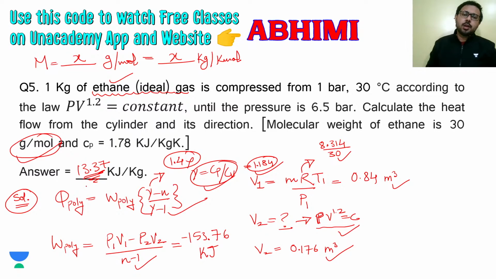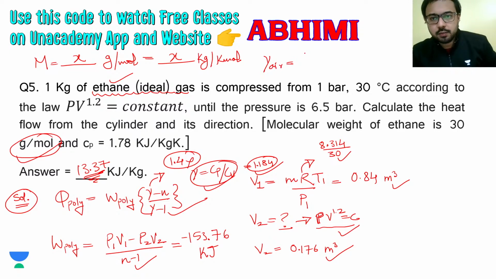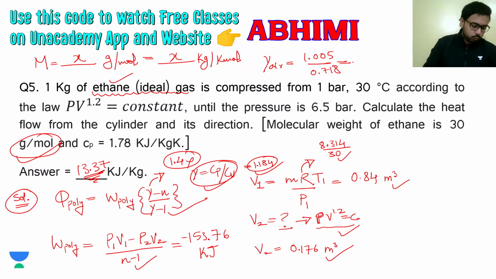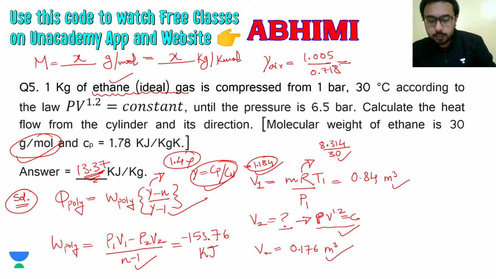It came out here as 1.184 instead of the usual 1.4, because for air, gamma is Cp by Cv, so it is 1.005 divided by 0.718, and if you do this it comes out as 1.399, so 1.4.